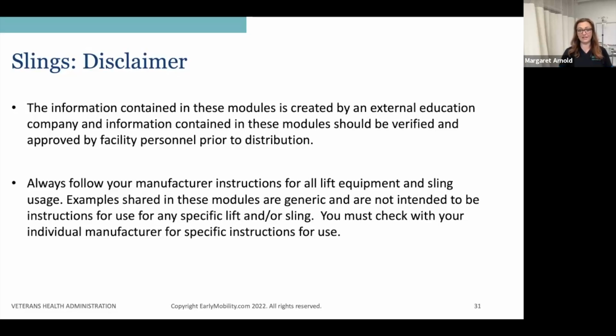Always follow your manufacturer instructions for all lift equipment and sling usage. Examples shared in these modules are generic and are not intended to be instructions for use for any specific lift and/or sling. You must check with your individual manufacturer for specific instructions for use.